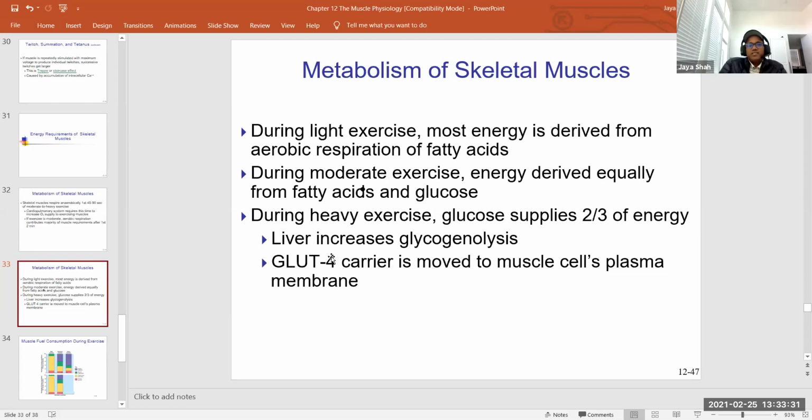During heavy exercise, the liver has a lot of glycogen. They increase glycogenolysis, which breaks down glycogen into glucose. And then the GLUT4 transporter. GLUT4 are the channels in the plasma membrane of a skeletal muscle that take glucose from the blood into your muscle.